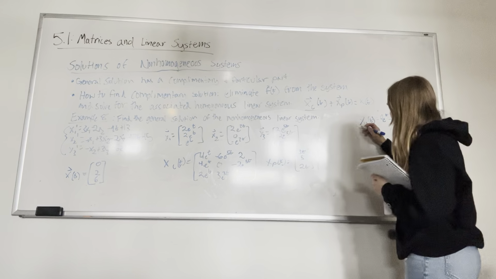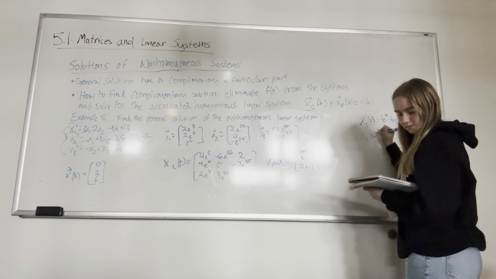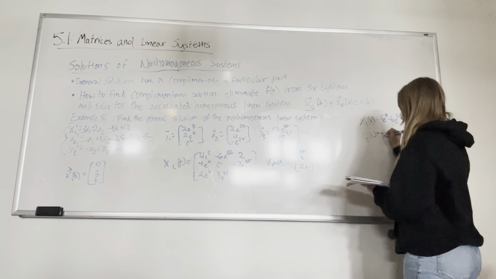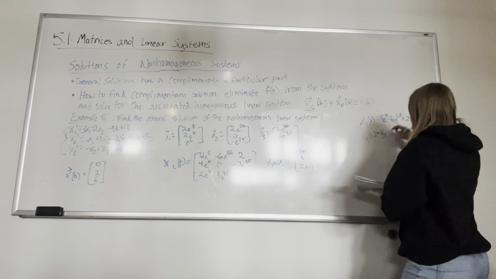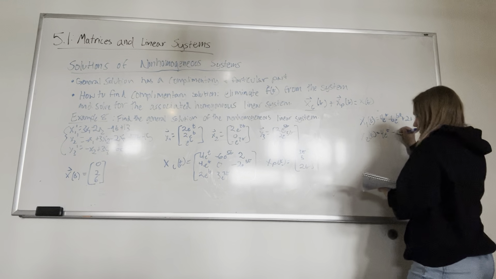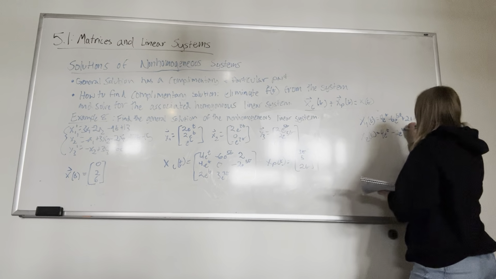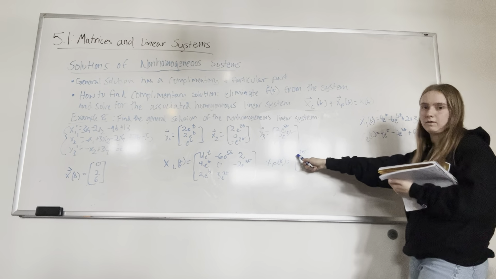And then x sub 2 of t is equal to 4e to the power of t, minus 2e to the power of 5t plus 5. 5 is the part of our particular solution that we're adding on.